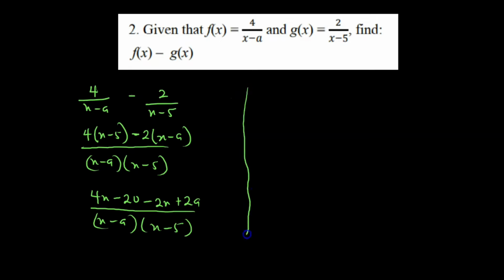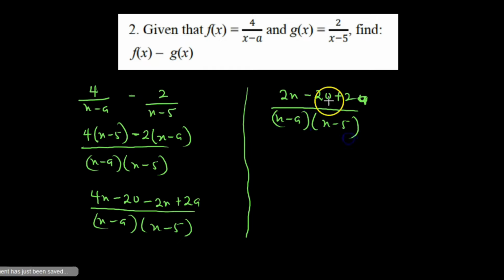So simplifying the numerator, we have 4x minus 2x, giving us 2x, then minus 20, then plus 2a, all divided by x minus a multiplying x minus 5. Then the question is, is there a way of factorizing out?